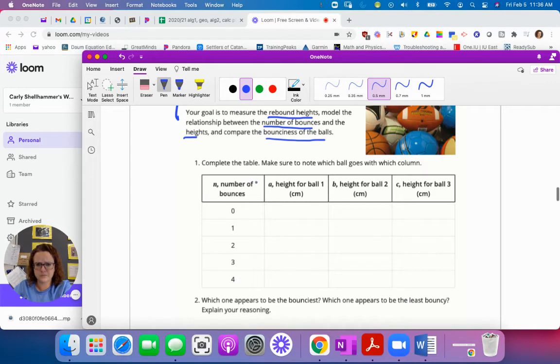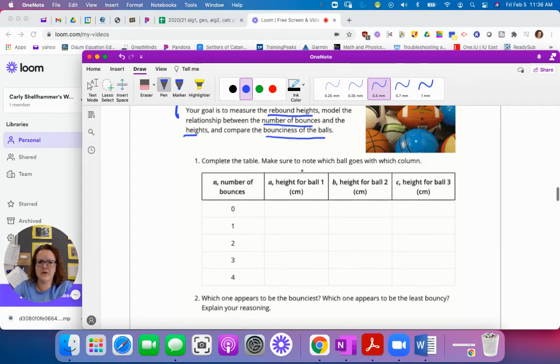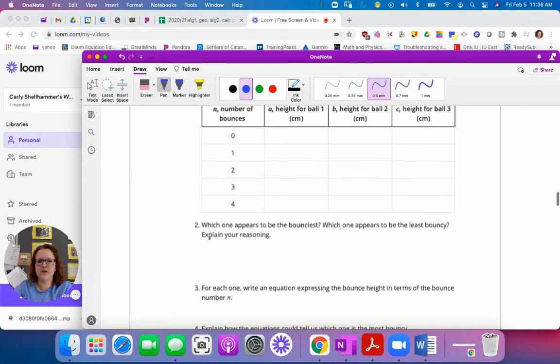So ball 1, ball 2, and ball 3. We're going to complete the table and make sure to note which ball goes with which column. We're going to figure out which appears to be the bounciest, and that would probably be the one that after the first bounce, goes closest to its original height, right? And after the second bounce, it goes closest to the first bounce. The one whose bounces don't decrease as much, its factor is the highest, okay?